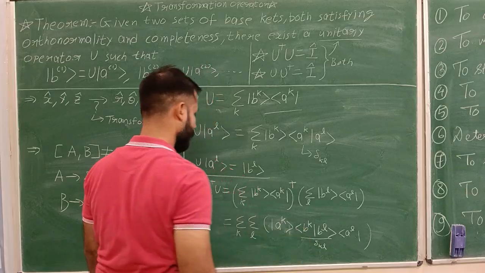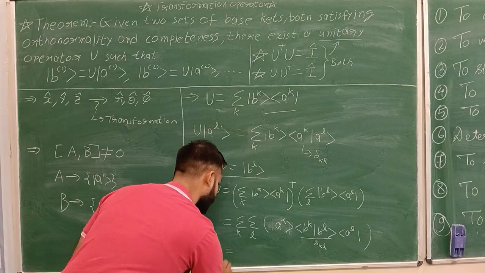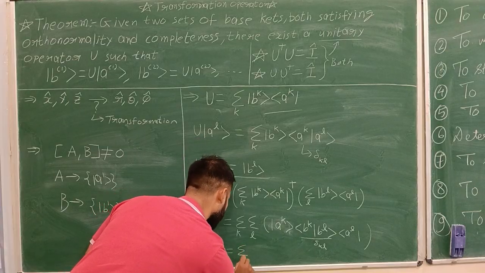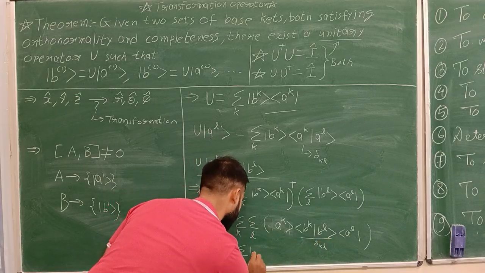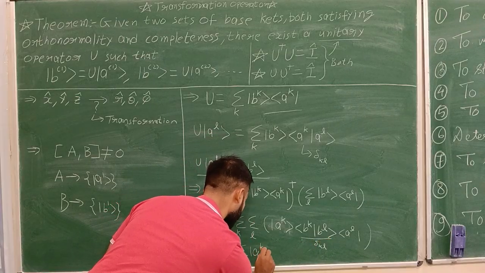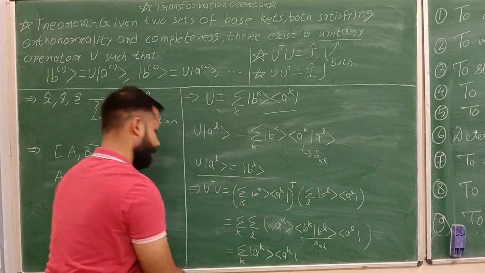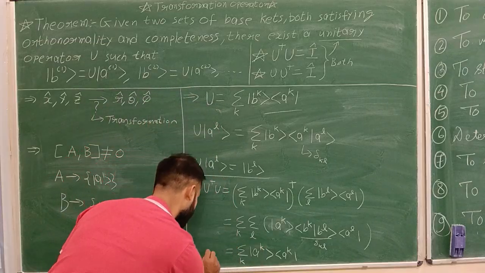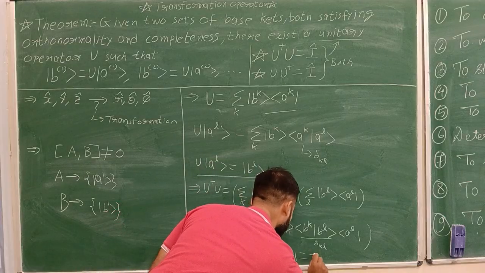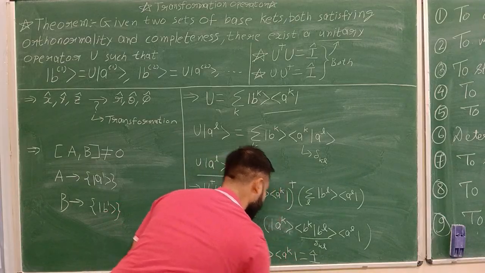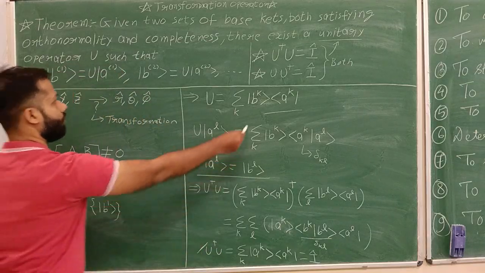This will become 1. I will get 1. One of the sums will be killed by this. So I keep the k. A_k, A_k. So it's nothing but the identity relation. Yes. So this is also satisfied.